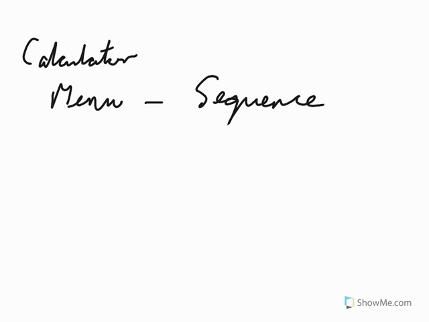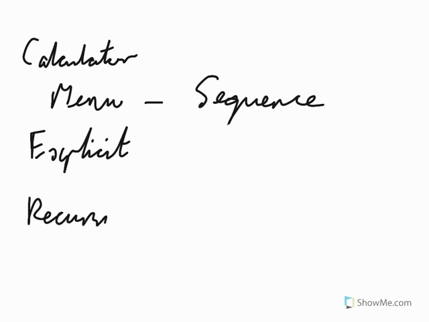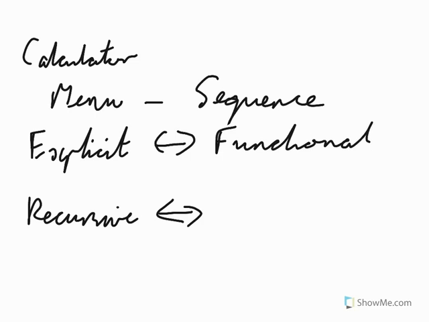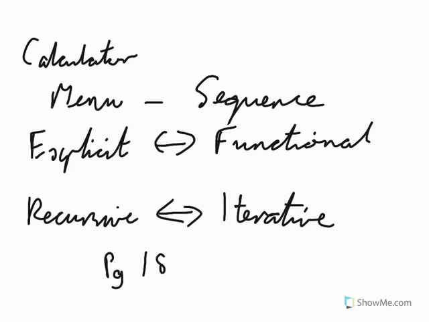One has explicit and one has recursive. Now, explicit relates to our functional, and our recursive relates to our iterative. I'll give you a hand with that when I come around. You can also have a look at pages 181 and 182. There are examples there on how to use that.